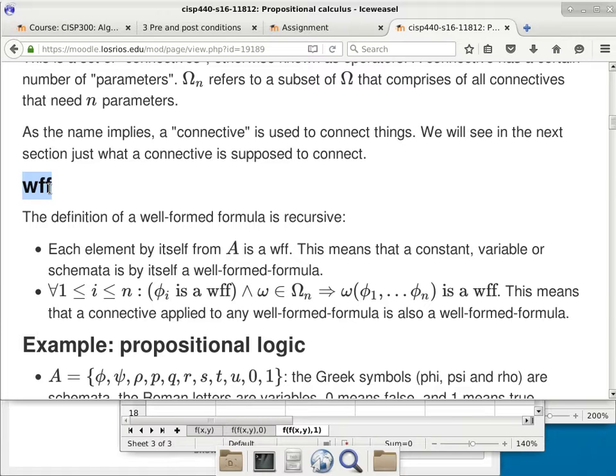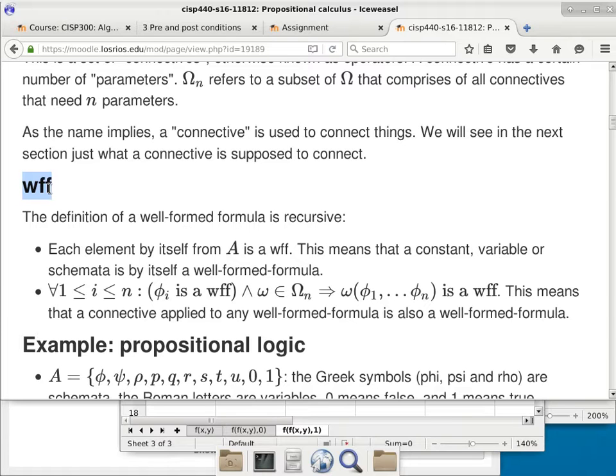So using only this particular set, I can form something that may not be very useful. I can say P and P. Is that a well-formed formula? Yes, because P itself is already a well-formed formula because it is from alpha. By definition, it is already a WFF.